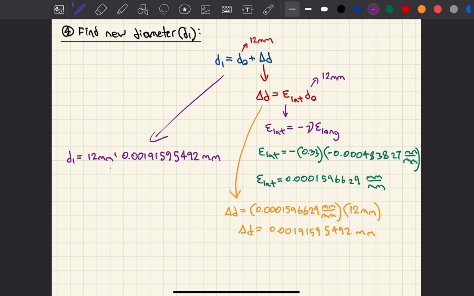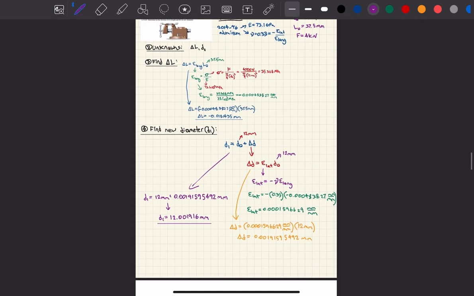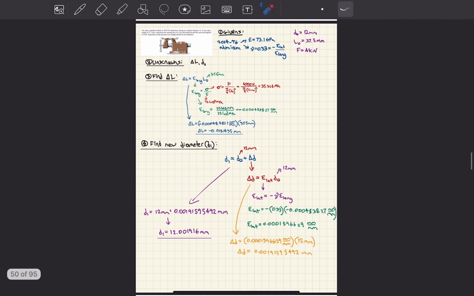And then finally, I'm going to do this calculation to find my new diameter, 12.0019156 millimeters, and I'll stop there. And that is the new diameter of your aluminum bar. So these are your answers: your decrease in length longitudinally, and your increase in diameter, or your new diameter in the lateral direction.